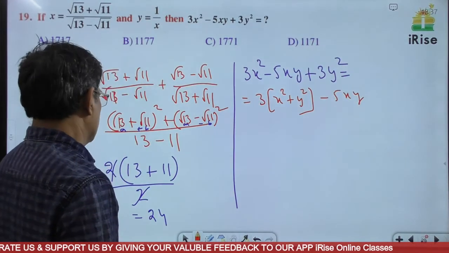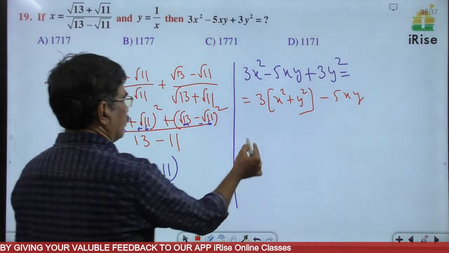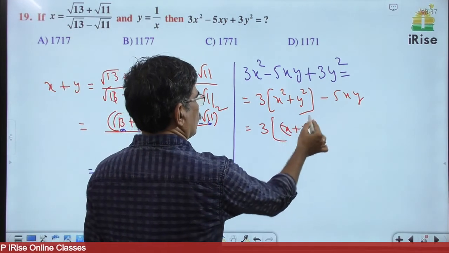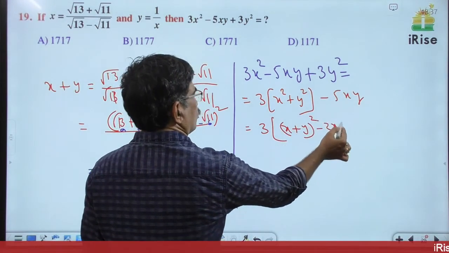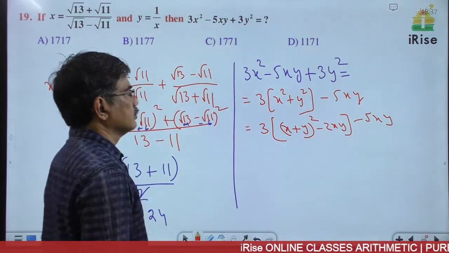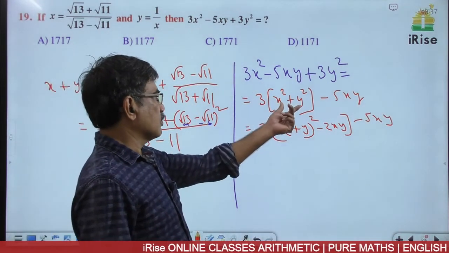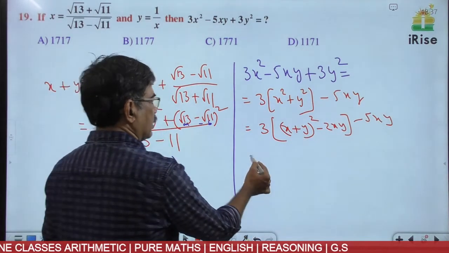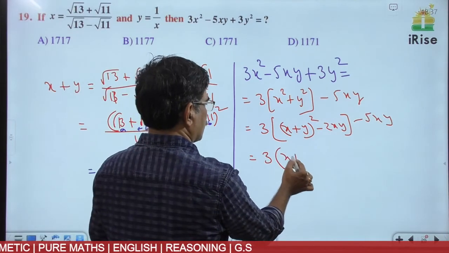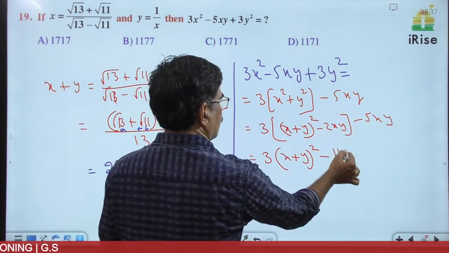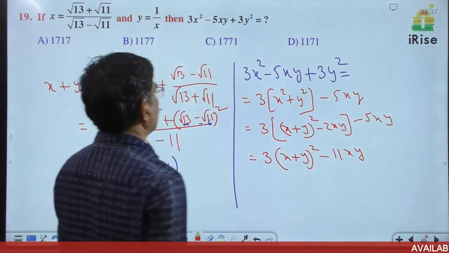If x plus y is 24, this can be written as 3 into x plus y whole square minus 2xy, minus 5xy. Okay, x square plus y square is nothing but x plus y whole square minus 2xy. So what we get here? This is 3 times x plus y whole square minus 6xy minus 5xy, totally 11xy.